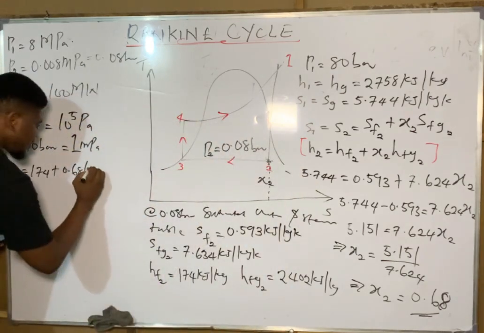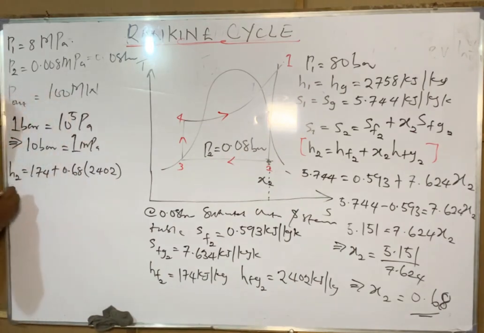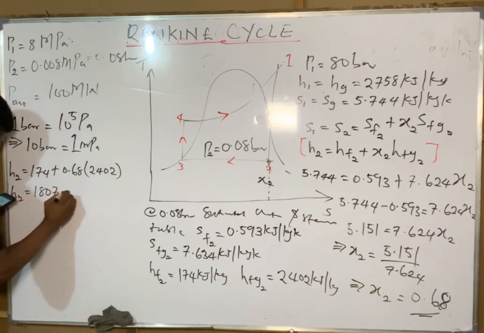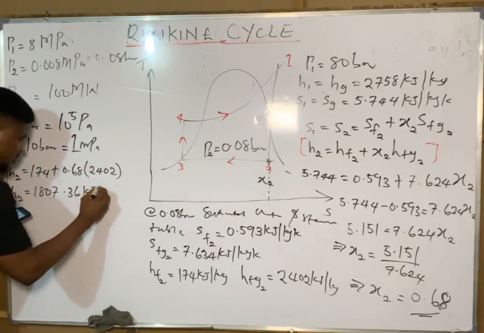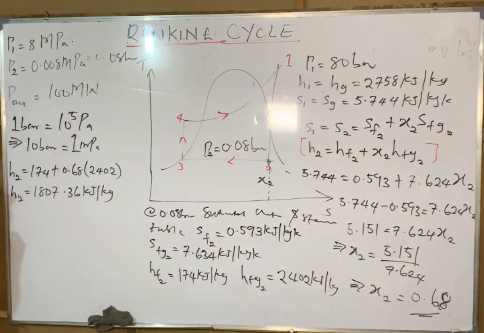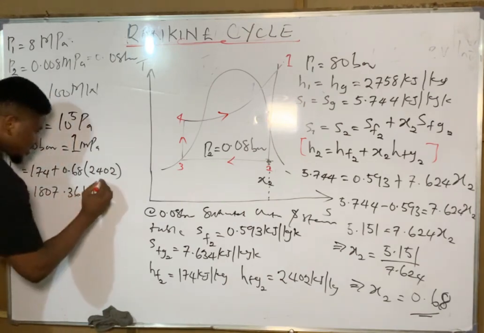So H2 is equal to 0.68 multiplied by 2402 plus 174. That gives us 1807.36 kilojoules per kilogram. So we've been able to find the enthalpy at state 2. Now we know what H2 is.